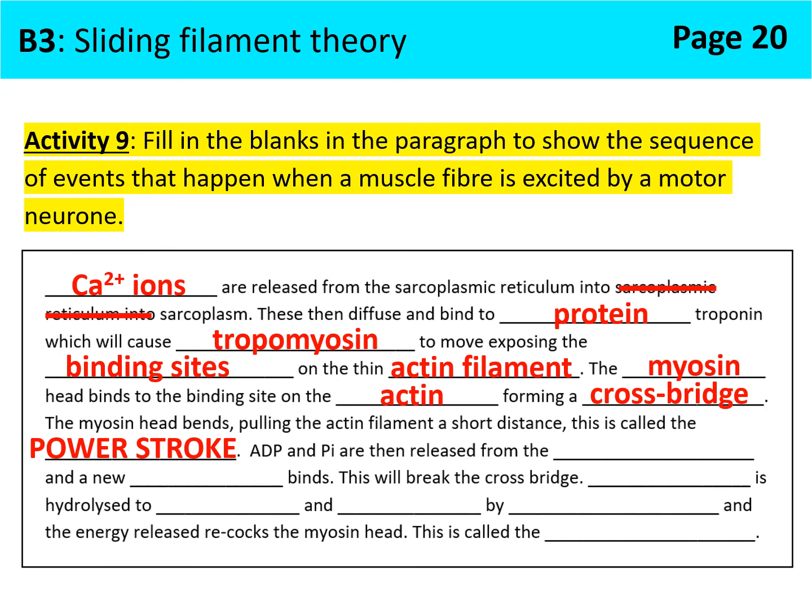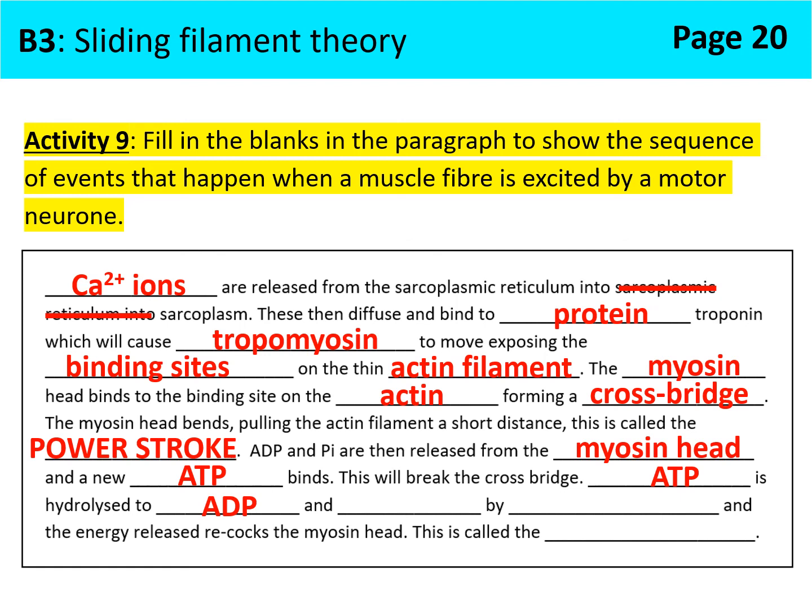The ADP and the phosphate that are still attached to the myosin head at this point then get released from the myosin head, and a new molecule of ATP can bind to the myosin head. When the new molecule of ATP binds to the myosin head, that causes the cross bridge to break.